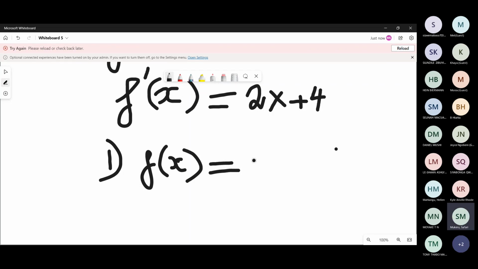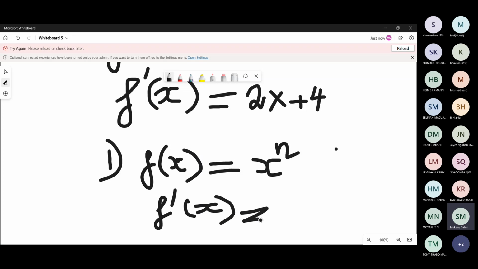The first rule was the power rule, and the form of the function is x power n, where n is any number basically. How do you find the derivative of this function? Kaya, you can follow, this is basically what we did last time. If you have a function of the form x power n and you want to find its derivative, the rule is simple. How do you compute this f prime here, please?